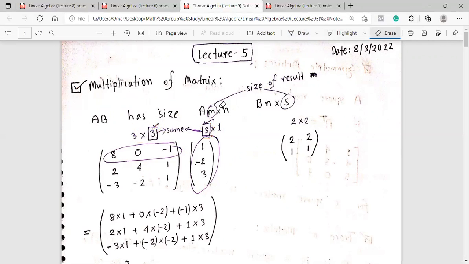So let me show you how we can do this. You have to go this way from the first row, and then we go this way down the first column. At first you need to multiply this first entry with this first entry, okay? And then you go down from here, and you go right from here.